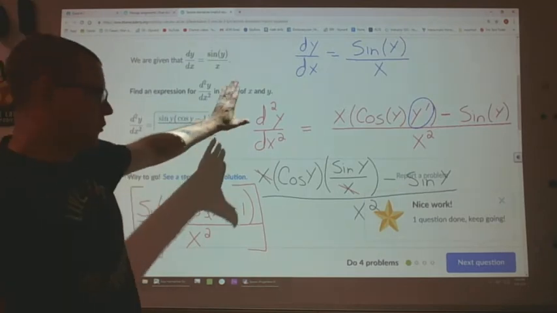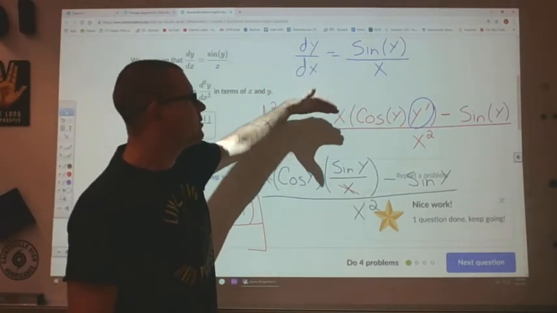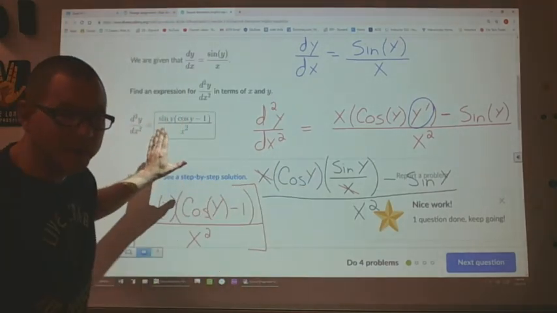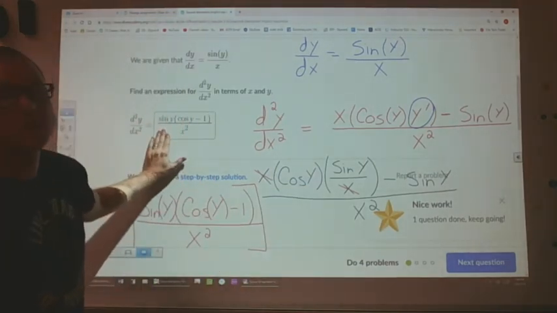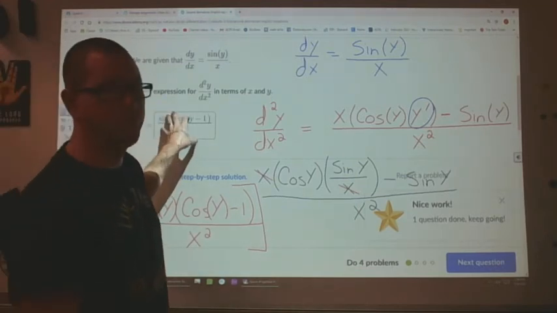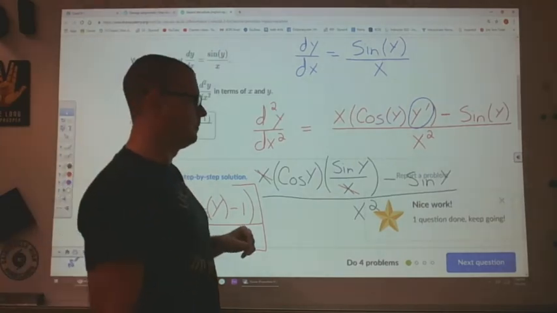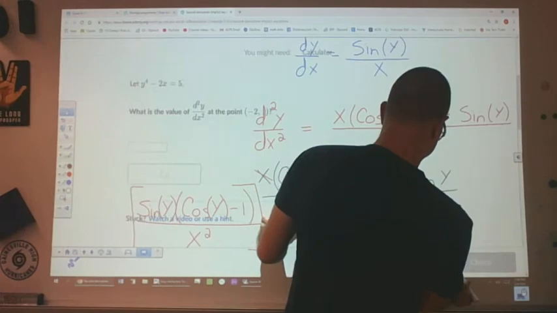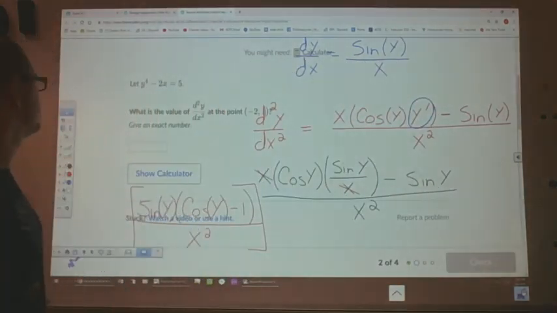So if you have the concept, if you understand what is happening here, but you're struggling with entering it into the computer, you are okay. You don't need to keep trying to match what the computer wants you to do. Get the concepts and move on. Do a couple more.